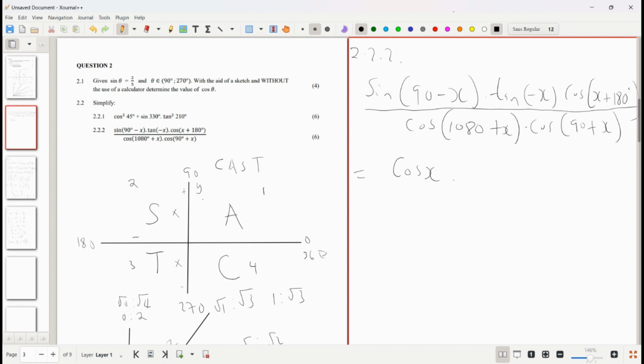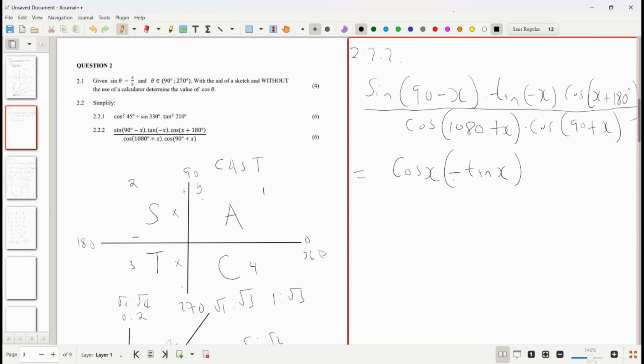Everything else, like sine and tan, is negative. So we'll have negative tan x. It's very important for us to put brackets here to indicate that we are still multiplying. We are not minusing now. This is just a sign for tan. So put brackets first.